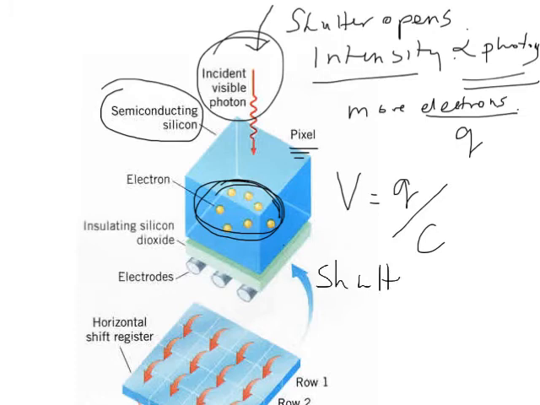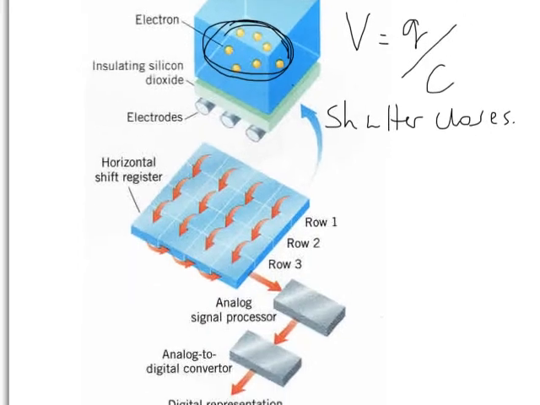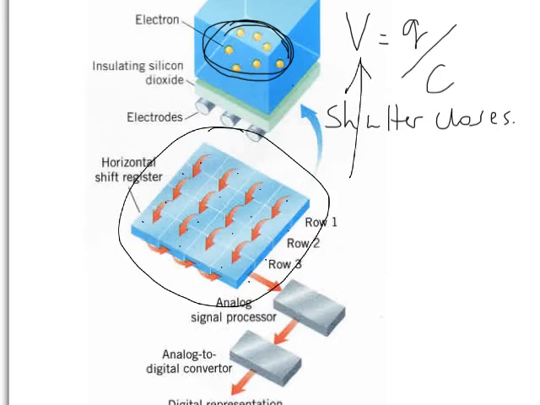So the shutter closes, and what you've got is an array of lots and lots of pixels, each with a little well of electrons, and each of these little wells of electrons has an associated voltage which correlates to the brightness.